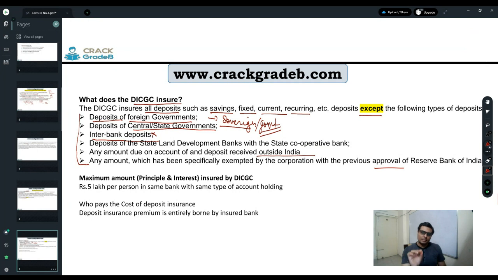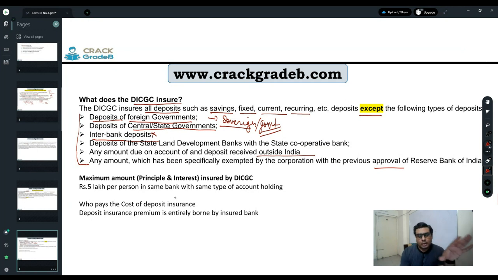It is basically meant for the common man, right? So anything except the common man is not going to be under the Deposit Insurance and Credit Guarantee Corporation. You can keep this principle in mind.